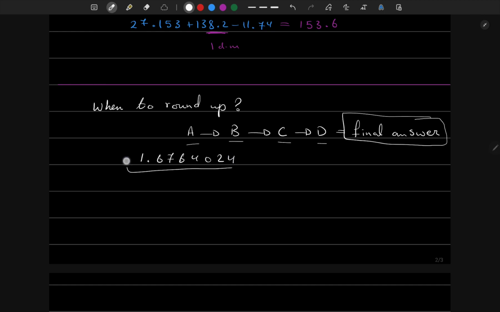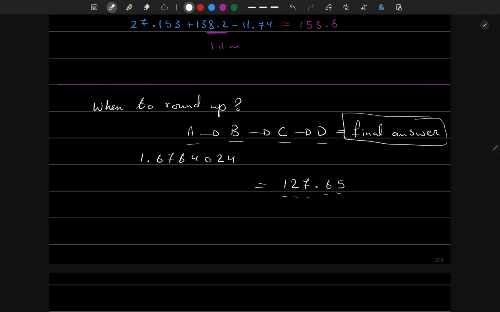Anyways, you should not round up the number and use it in its long form as it is. Once you get to the final answer, then instead of writing it in a long form, you have to round it up to the number of significant figures you are supposed to do. For example, if you're supposed to round it up to, let's say, 5 significant figures, then 1, 2, 3, 4, 5, you stop here and you round this for up to 5.